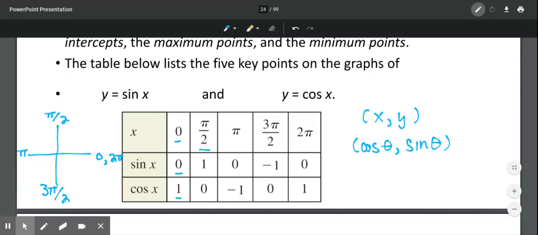So if we were looking at this point right here, this is the point 1, 0. So this is your theta. When theta is 0, your cosine is 1 and your sine is 0, which is what we have right here.